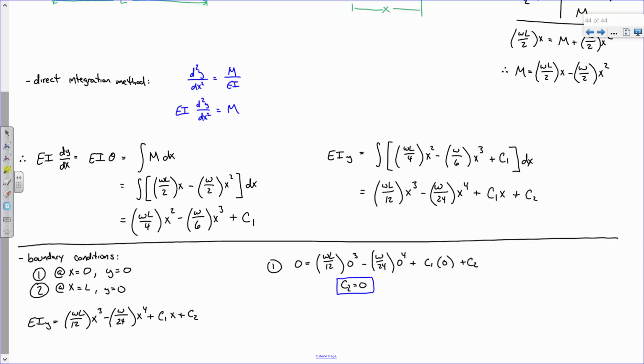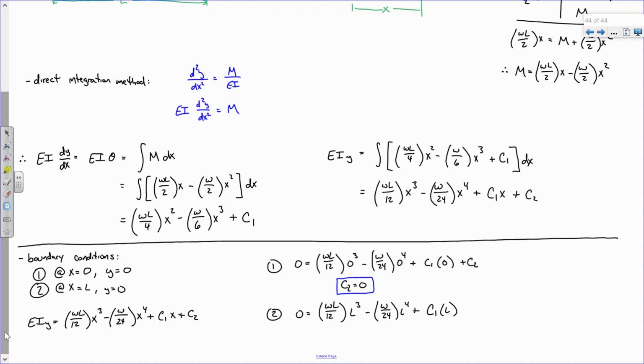Now let's do the remaining one. All right, so what about the second one? I think I got room here. So we have 0 equals WL over 12 times L to the third, right? Minus W over 24 times L to the fourth plus, now we have C1 times L plus C2, but we know C2 is 0, so I ain't going to worry about it.